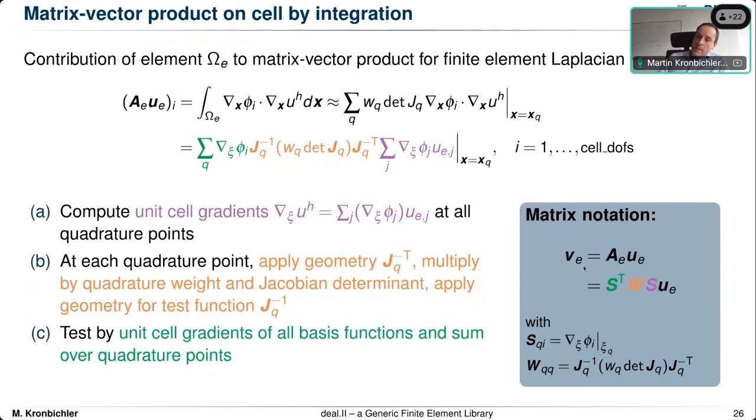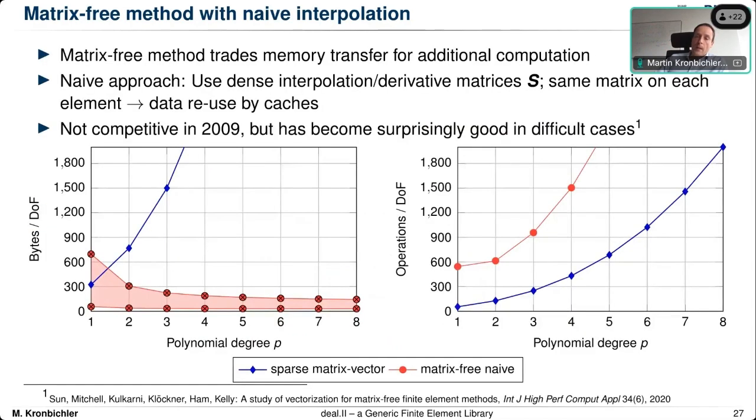You can express this as a sequence of 3 matrix vector products with an S matrix, a W matrix, and an S matrix, where the W matrix is a diagonal matrix, which is the operation at the quadrature points. At least if you have a linear operator like Poisson, but you can do it for nonlinear ones with a nonlinear W instead.